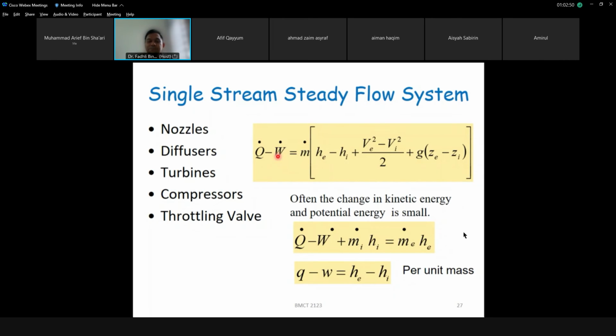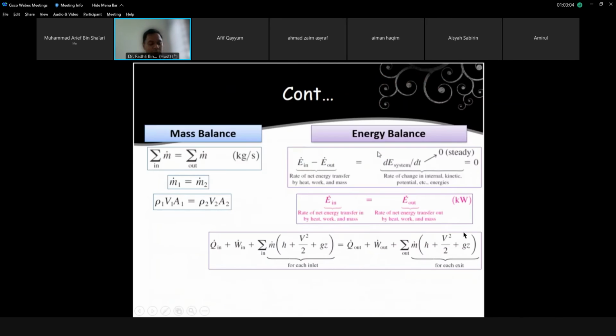Okay, so for some student, they will get confusing lah if they look at this kind of equations. So for you, I advise to write this one, energy balance equation. This is very simple. You know, this is in, and on the right side, this is for outlet. Okay.